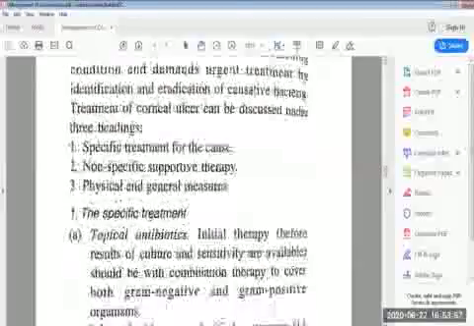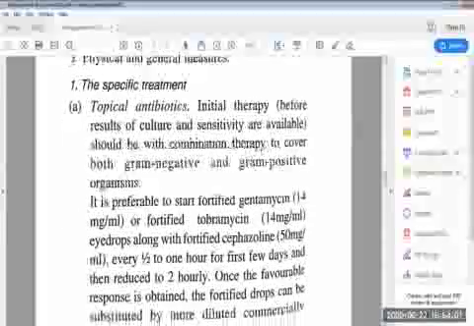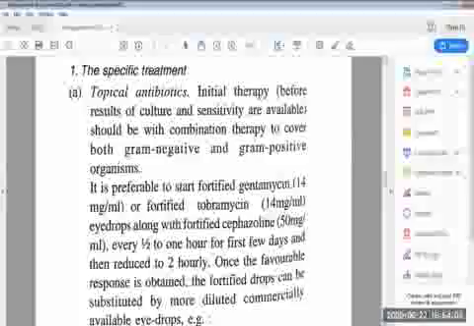First, the specific treatment. We should give topical antibiotics. Initial therapy, that means before the results of culture and sensitivity are available, should be with combination therapy to cover both gram-negative and gram-positive organisms. You will send the sample for culture and sensitivity test, but that will take 2 to 3 days.